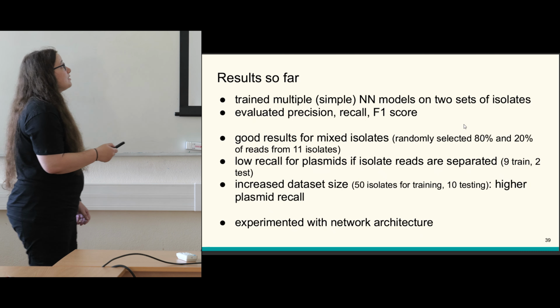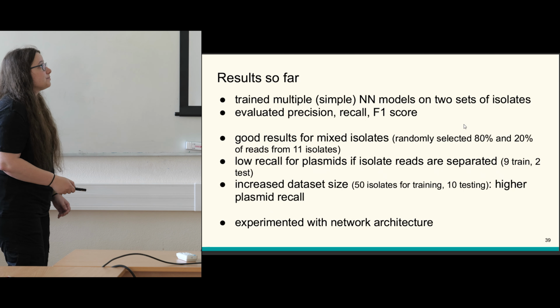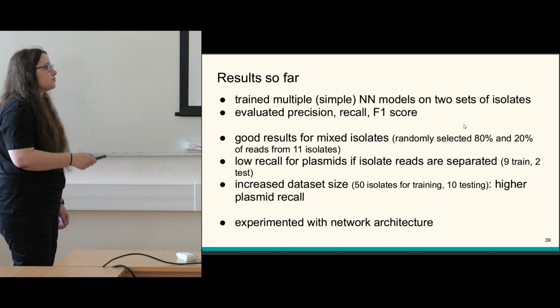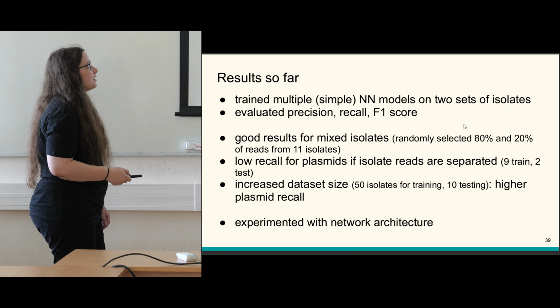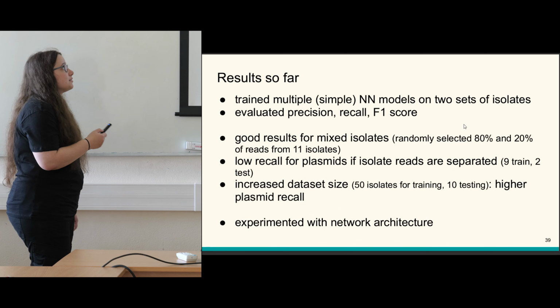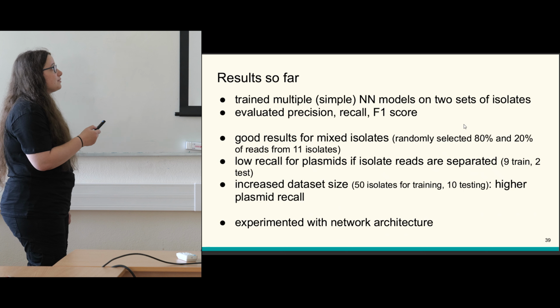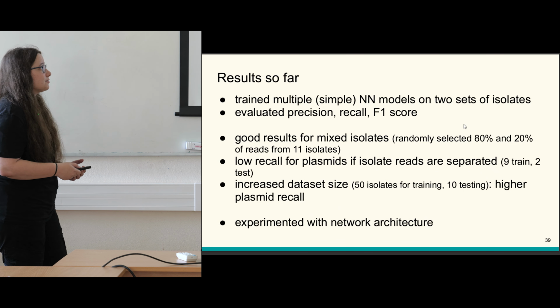So what we have done so far, we have trained multiple simple neural network models on two sets of features, on two sets of isolates, using our features and labels. Then we have evaluated precision, recall and F1 score for them. And we have found that we can get good results if the isolates are mixed.